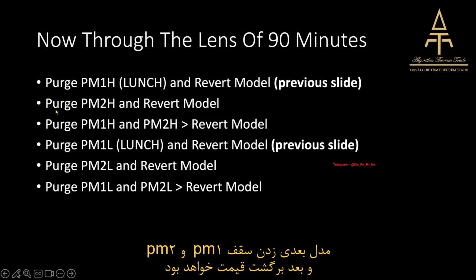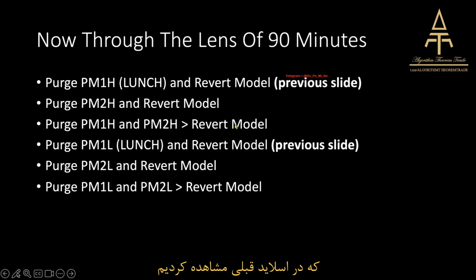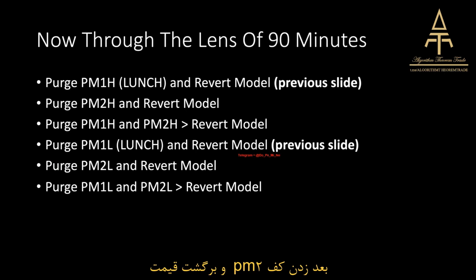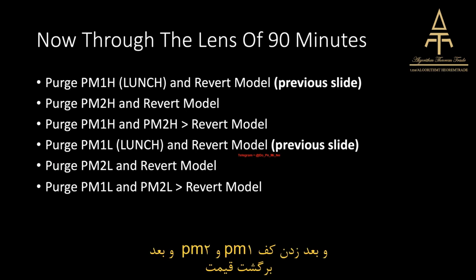Third bullet is the purge of the first PM high and the PM2 high, followed by a revert. The fourth bullet is a purge of the first PM cycle's low and revert model. This was again a previous slide. And then we have the purge of the second PM cycle's low and revert model. And finally, the purge of both the first and second PM session's low and revert model.